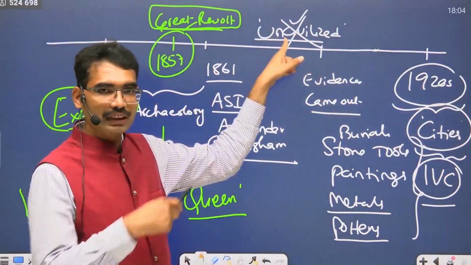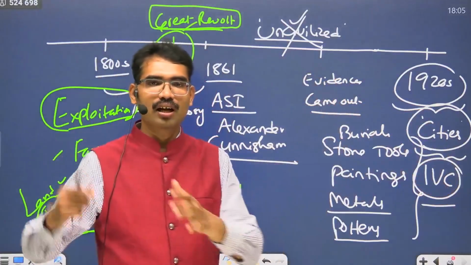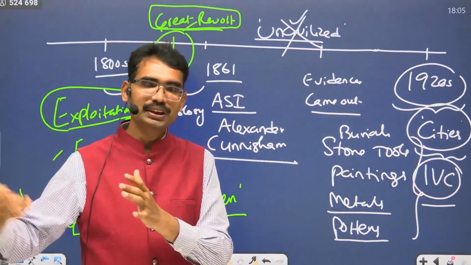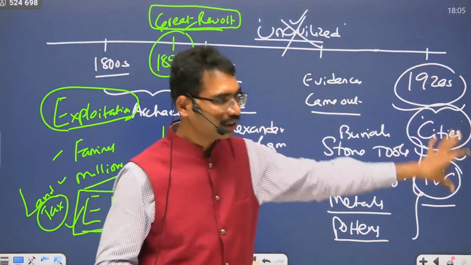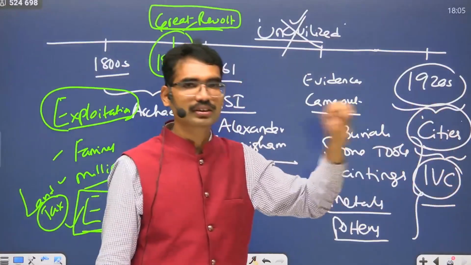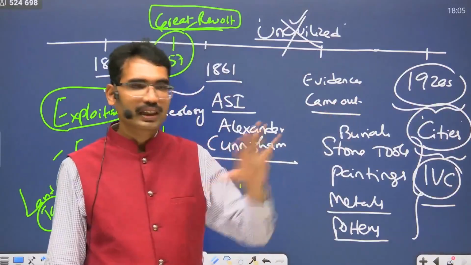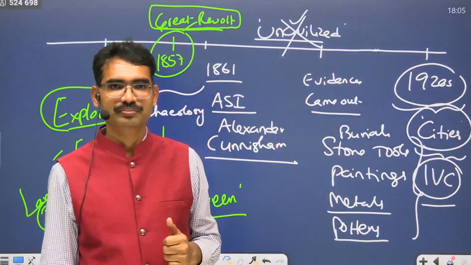Like at this point of time, the British are ruling, Indians are not civilized, the British came from outside to uplift India. Similarly, when new evidence came, the British started creating new theories that these cities were also not created by Indians. They were gifted by foreigners who came from outside.